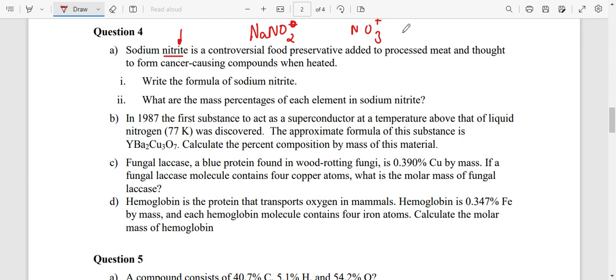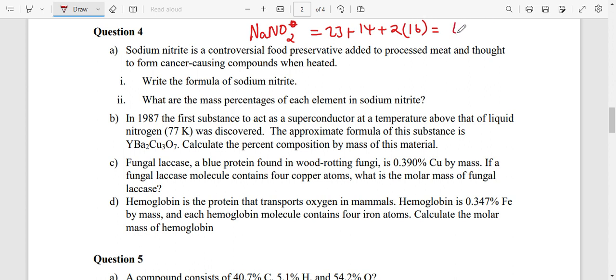So we need just to calculate the total mass of this compound. Sodium, the mass on the periodic table is 23. Nitrogen is 14. We have two oxygens and each is 16. So 2 times 16 is 32, you add 14, also add 23.